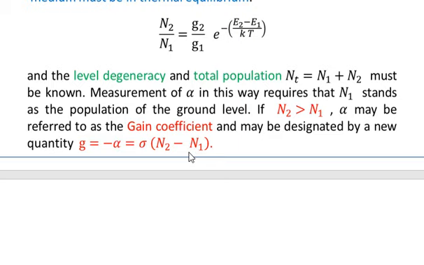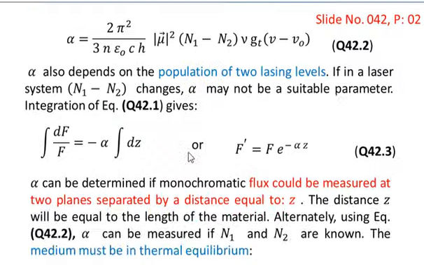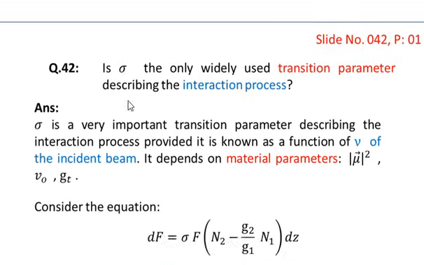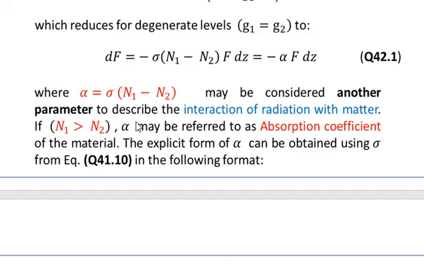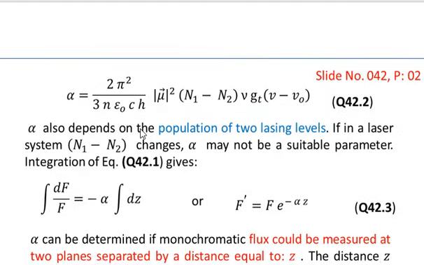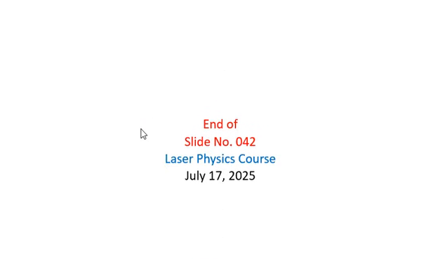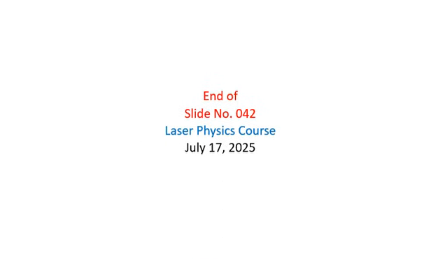So you see that apart from the parameter sigma, as in the question, we have also defined a parameter alpha, and we have described two ways by which alpha can be determined. So this is the end of slide number 42.